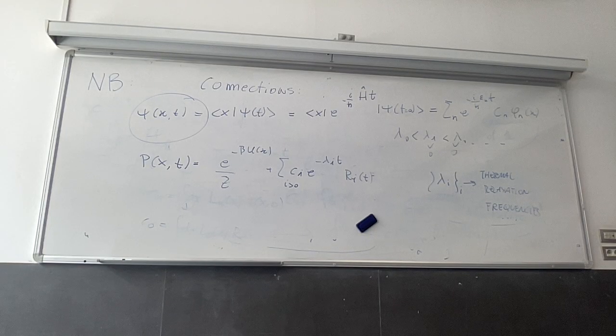Because you get the Boltzmann distribution when the time is much longer than the inverse of the lowest non-null eigenvalue, lambda 1. When t lambda 1 is much greater than 1, e to the negative t lambda 1 is 0, and you're left with Boltzmann. So lambda 1 is called the thermal relaxation rate. The inverse, 1 over lambda 1, is the thermal relaxation time: how long you need to wait for the system to attain equilibrium.